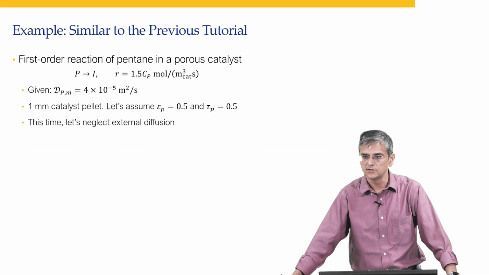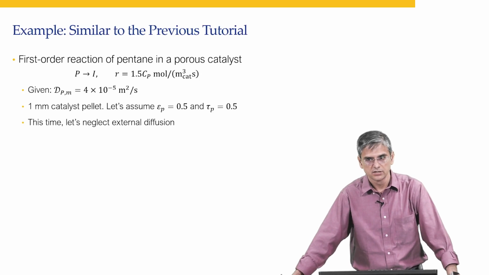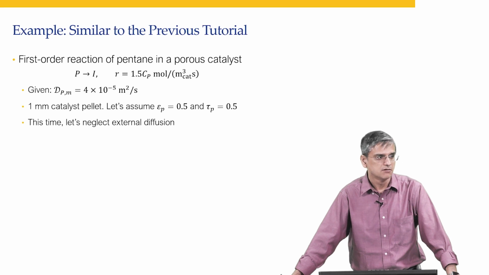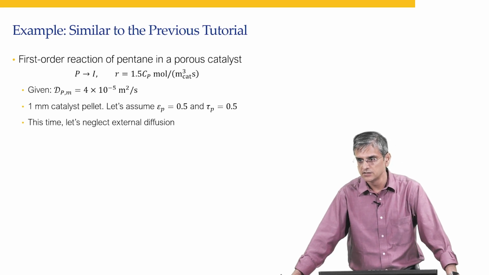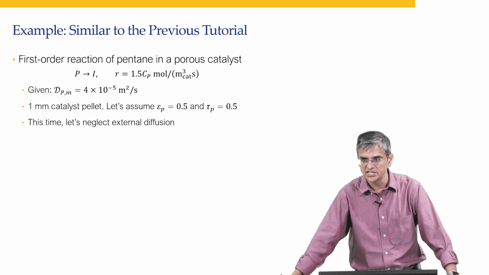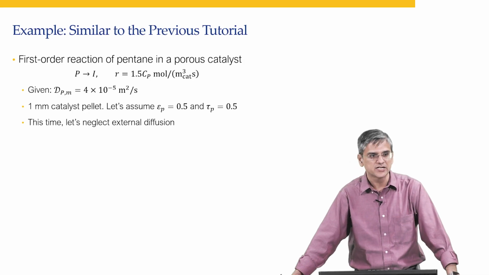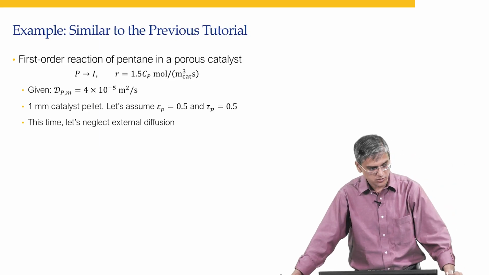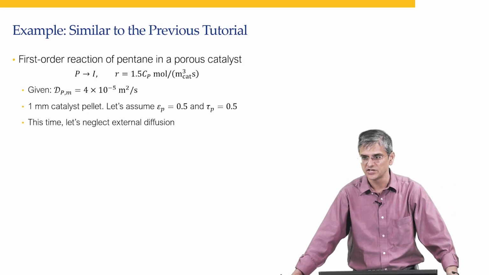This was the problem that you did yesterday. The problem that we will do next will be a similar case, but with a spherical pellet, different sizes of spherical pellet, how phi changes and how eta changes, and recalculate how capital phi and capital eta change, and compare that you don't have a lot of errors by going to capital phi.